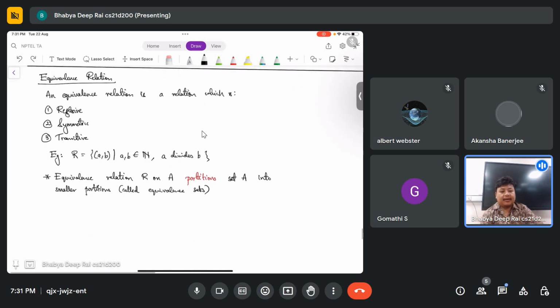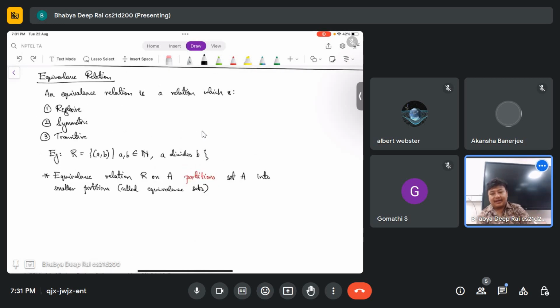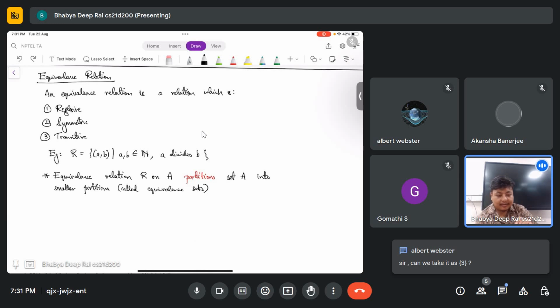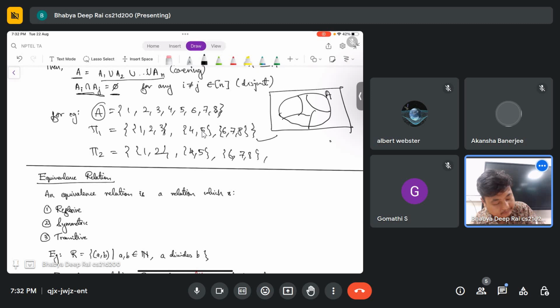Good then. Now, what is an equivalence relation? An equivalence relation, so can we take it as 3? Yeah, that is also allowed. So Albert asks, can I take it as this? Yeah, this is a perfectly good example.